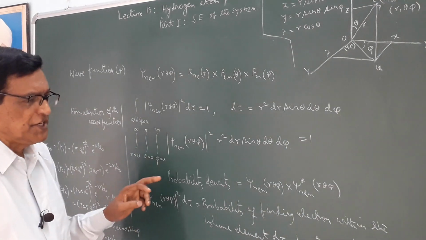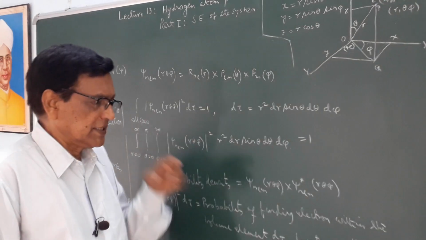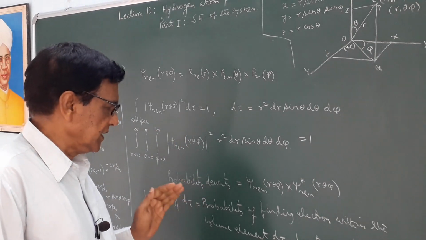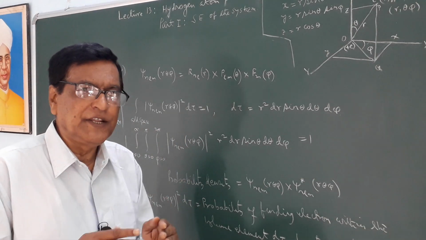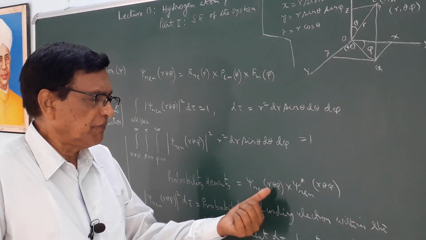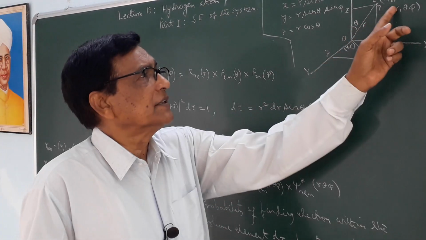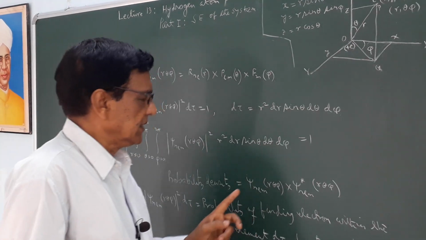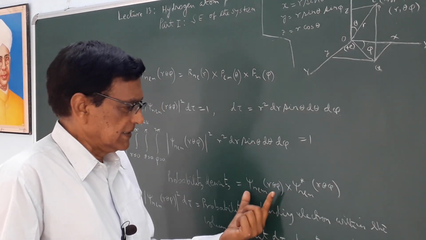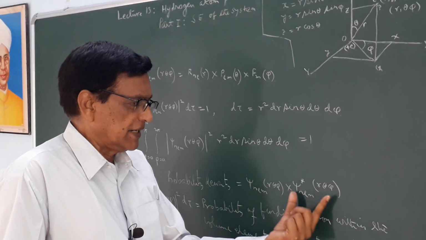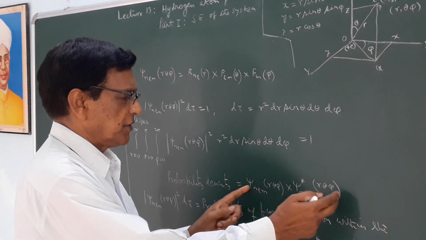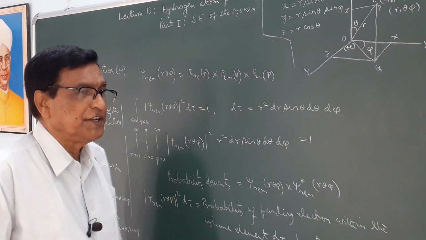The probability density means the probability of finding this electron at a given point defined by r, theta, phi. That means at this point, this value is the wave function and this is the complex conjugate of this wave function, and the product of the two will give you the probability density.